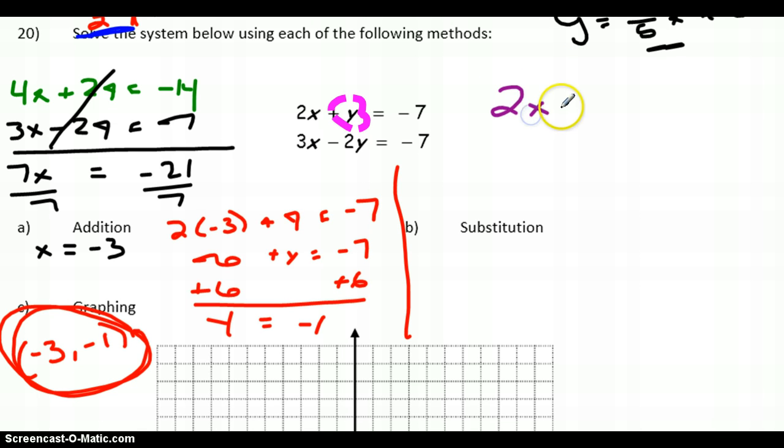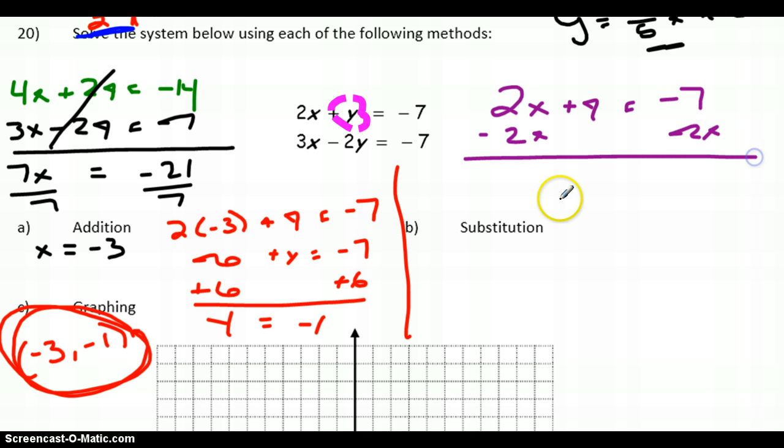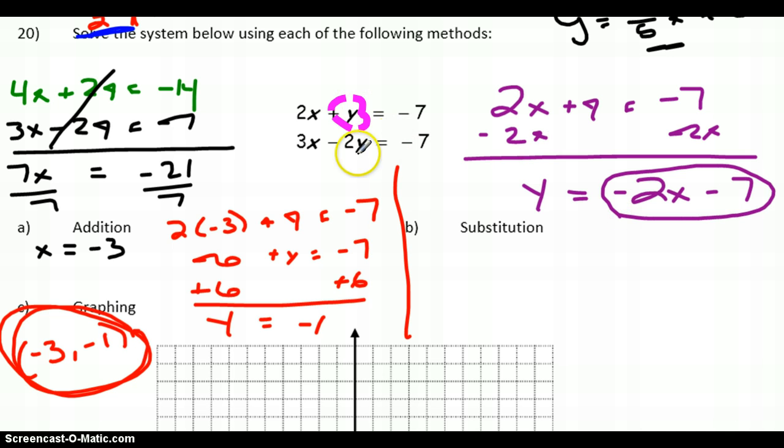So 2x plus y equals -7, and I'm just going to subtract this 2x off of both sides. This gives me y equals -2x minus 7. Okay, so what we're going to do now is say this is what y is equal to, and in my other equation, that's where my y is.